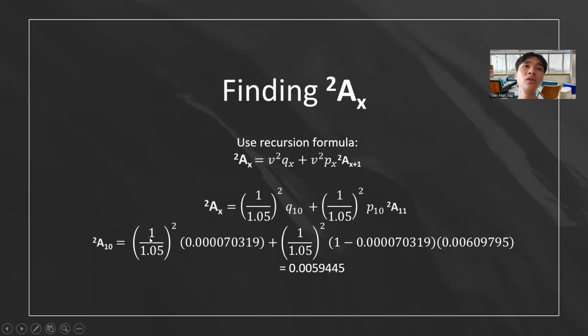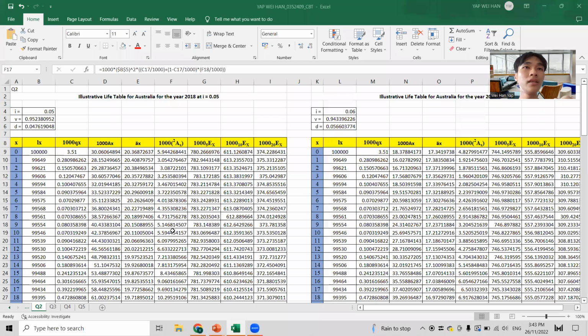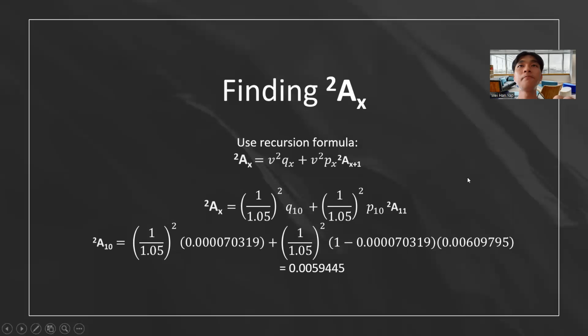We are going to do A10 squared again: 1 over 1.05 squared times our qx, plus our v squared again times px multiplied by our A11 squared, which gives 0.0059445. Let's verify our answer. 1000 Ax squared equals 5.594454157, which means we are correct again.